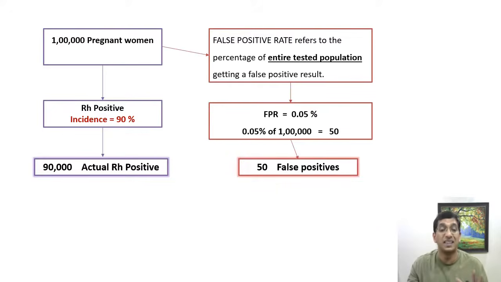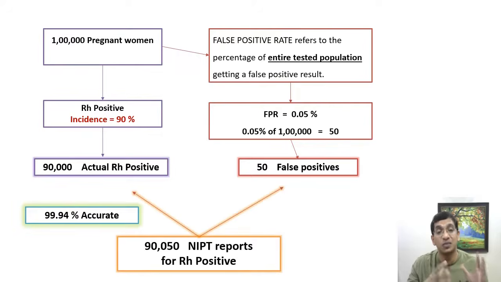So if you have 90,050 NIPT reports for a Rh positive status of the baby, 90,000 of them are actually going to be right and only 50 are going to be wrong. Okay, so for Rh positive status, NIPT is 99.9% accurate, unlike for Down syndrome screening. So it can be used as a diagnostic test and it is not a screening test.